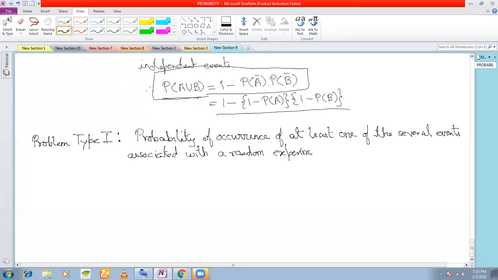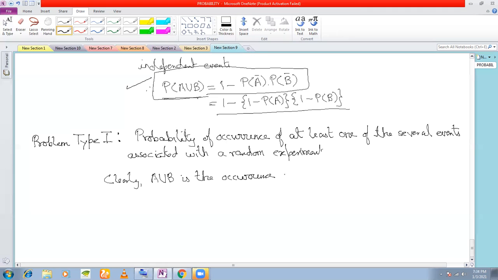See again, from this result only. What is P(A union B)? Remember this, A union B is the occurrence of at least one of the events, right? From last year's knowledge, you know A union B, A or B, that means at least A or B is occurring.